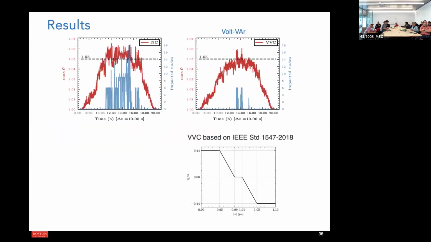So if we do nothing, meaning that we don't even implement Volt-VAR, we have during the course of the day a trajectory like this one for the maximum absolute voltage over the network. And these blue lines represent the number of nodes that are impacted by these overvoltage conditions.